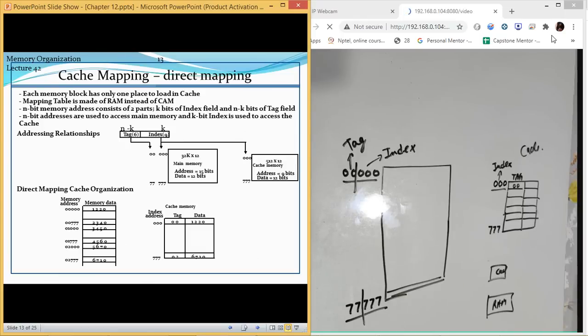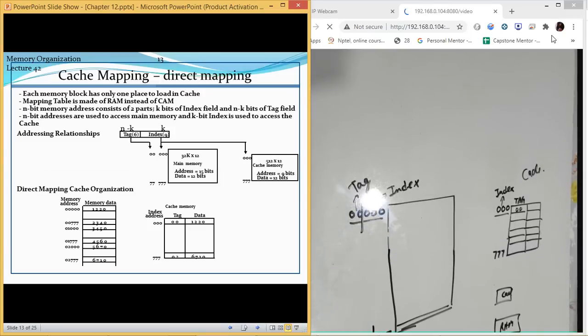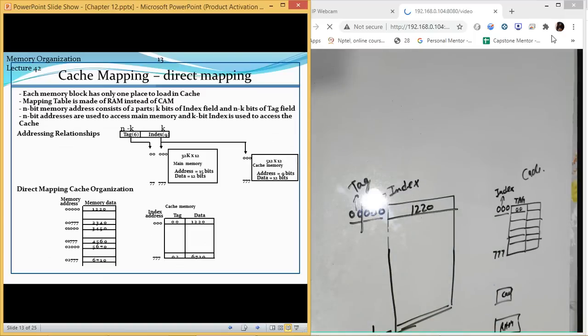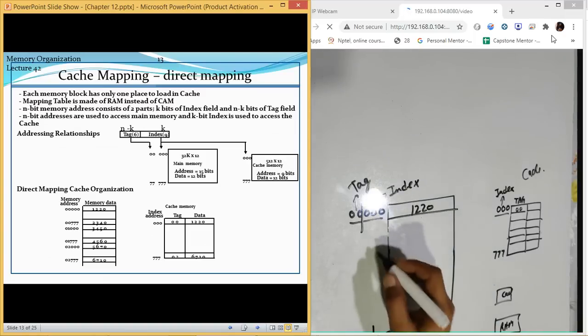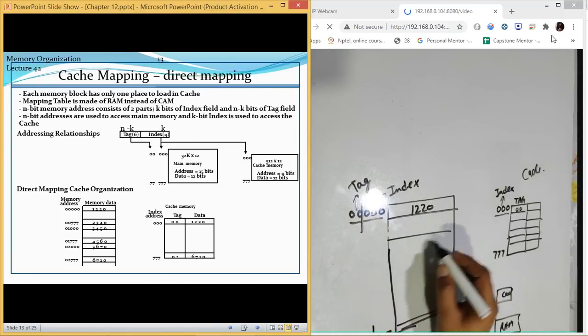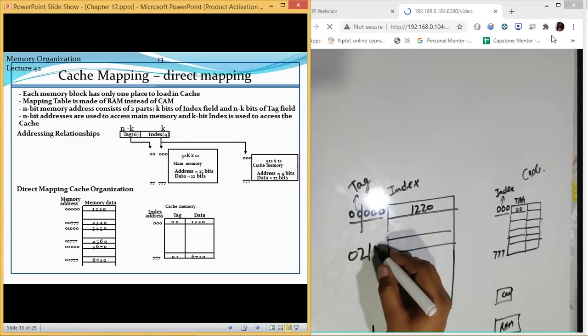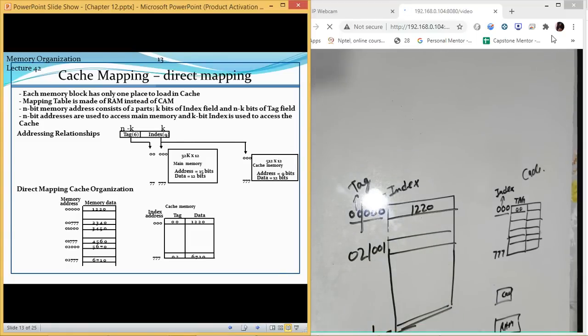Just imagine we are having certain content at this place, like the value shown in your slide, or we can have any other value like 02001. So this is another address, 02110. Wherever you want to store that content, you can.